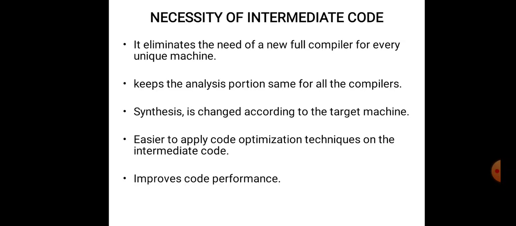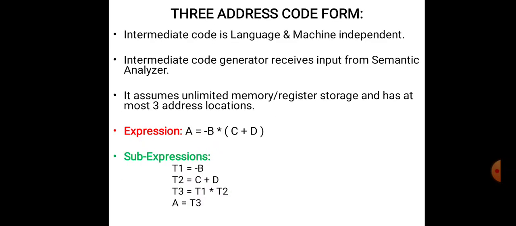Now, what is the 3 address form? Basically, intermediate code, as I mentioned, is language and machine independent, and our intermediate code generator phase receives its input from the previous phase, that is the semantic analyzer. 3 address code form means it is represented in at most 3 address locations, and it assumes unlimited memory or register storage.